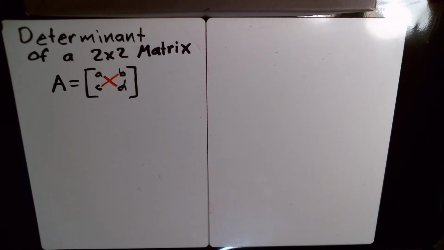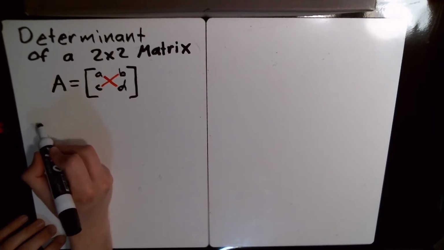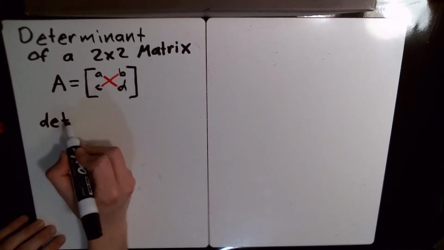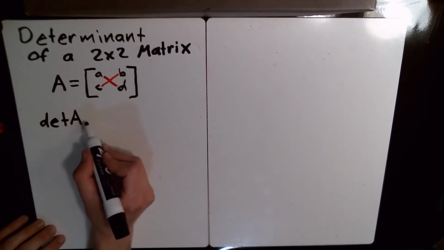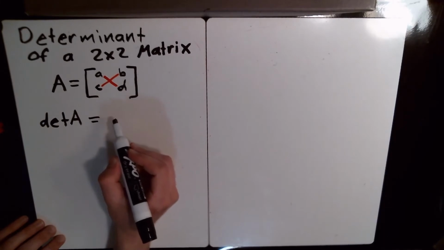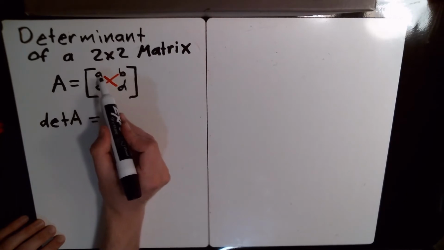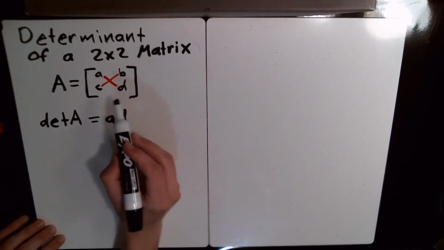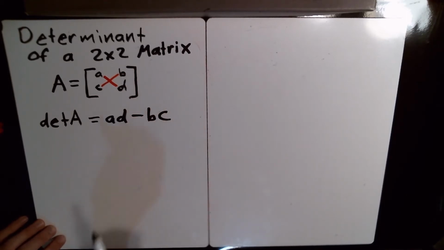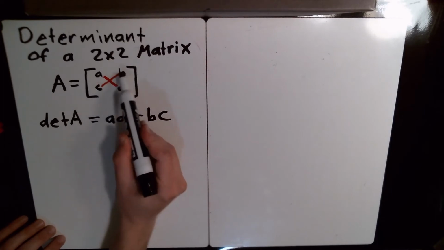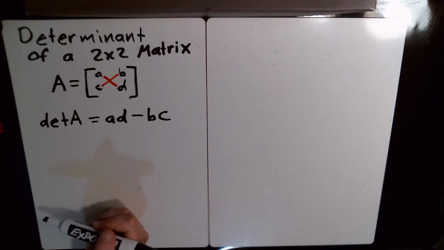How we write that notationally, there are several ways, is determinant of A. We use DET to symbolize determinant, and that is A times D minus B times C. So you're just doing the product of these two minus the product of those two. That's what the determinant of your 2 by 2 matrix is.